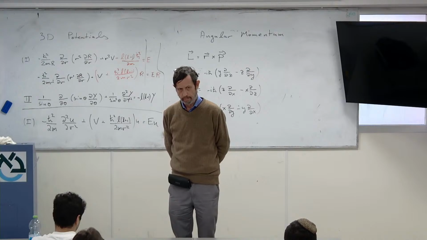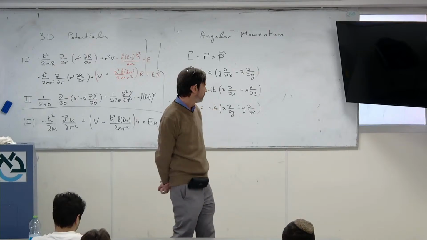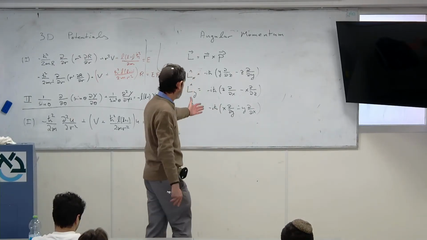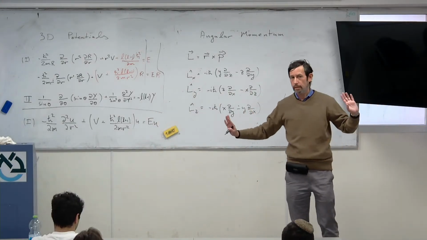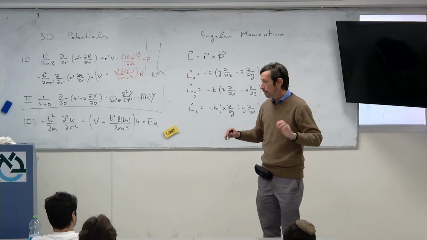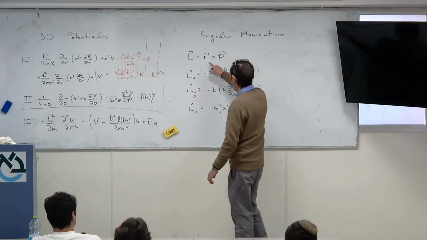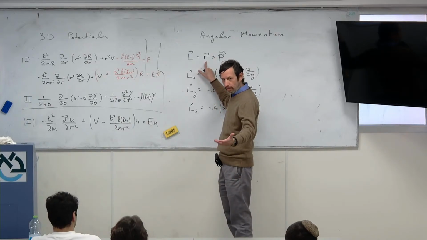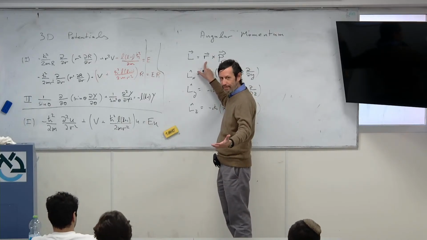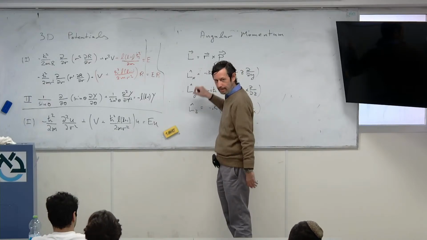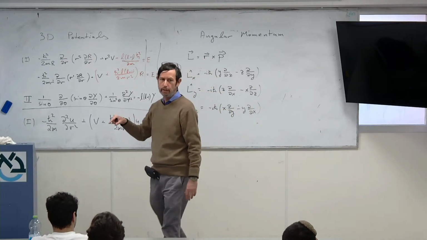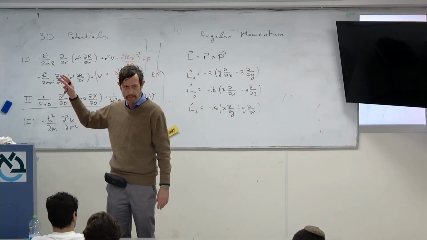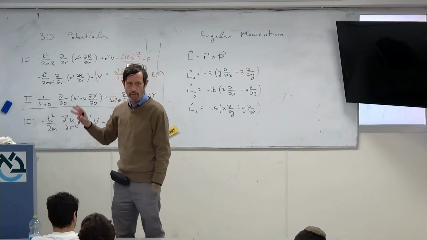I get where the minus i h bar came from, but no, h bar came out of the definition of P. I didn't add it by hand. R is X unit vector plus Y unit vector plus Z unit vector, and these are minus i h bar d/dx and so on and so forth.